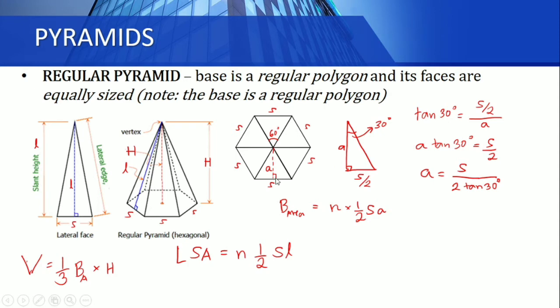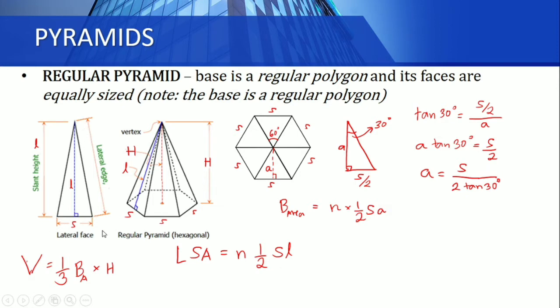So, same pa rin yung volume natin. Para makuha yung volume, that will be 1/3 times yung area ng base times yung height or yung altitude ng pyramid. And yung lateral surface area, so number of triangles or ilang faces yan, multiplied by 1/2 times S times L. So, ito yung lateral face natin.